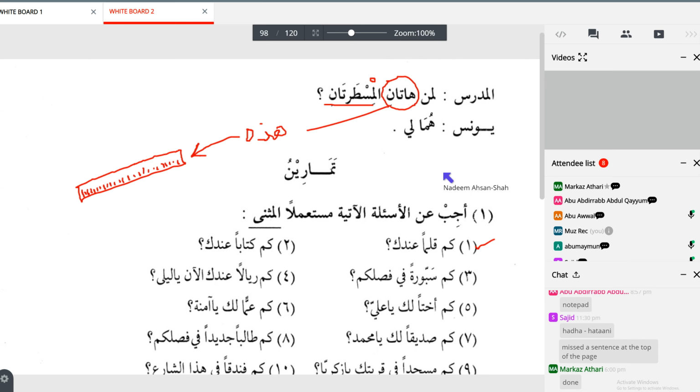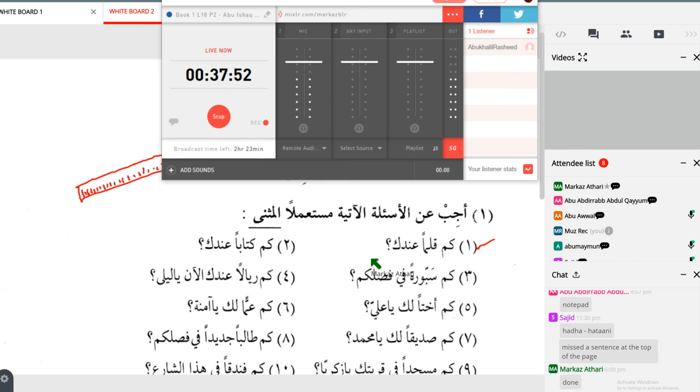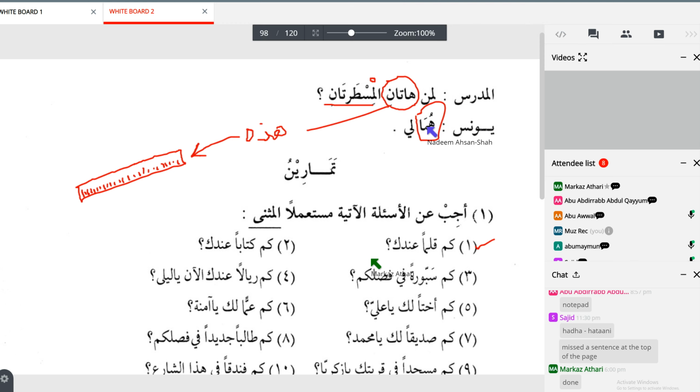The point to note here, which may be the sixth point in the lesson, is that huma is used for masculine as well as feminine. The previous question said, liman hadhani daftarani, who do these two notepads belong to? He said, huma li, they both belong to me.